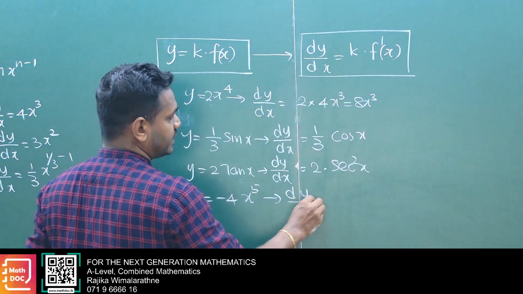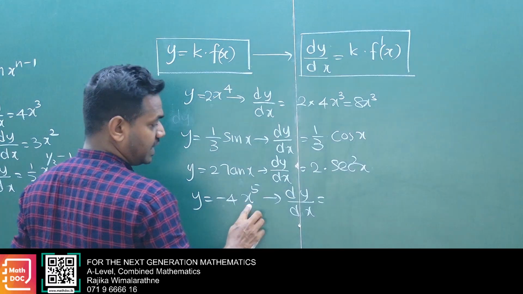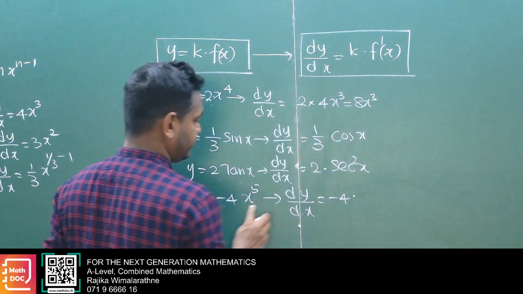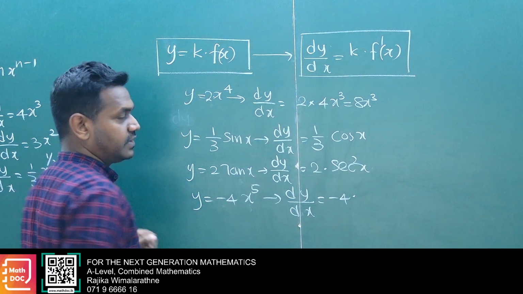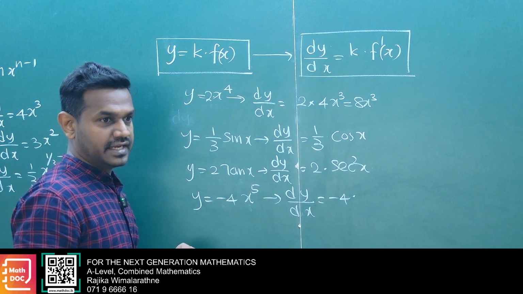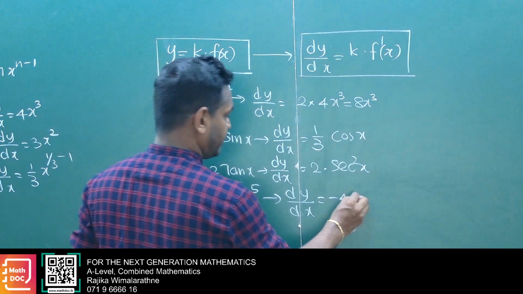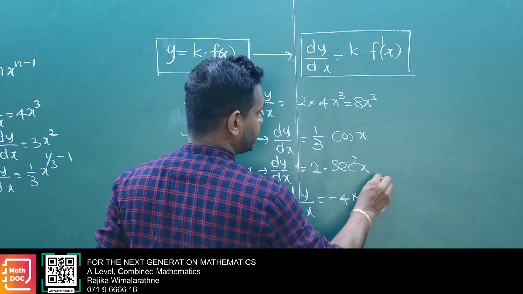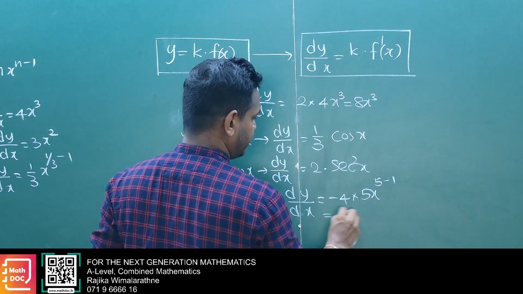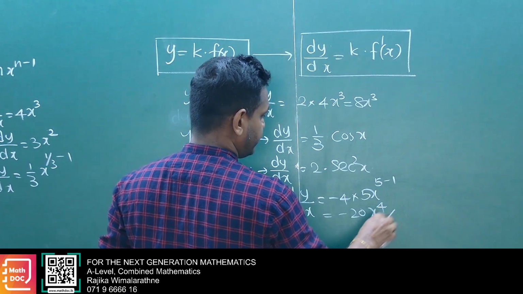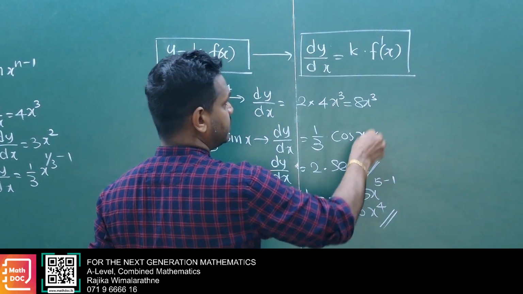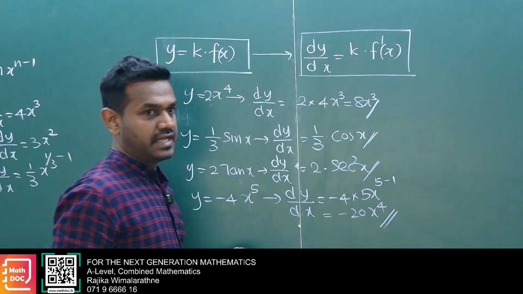Then dy by dx: constant times the derivative of x to the power 5, like n x to the power n minus 1, so 5x to the power 5 minus 1, then minus 20x to the power 4. Likewise, you can differentiate.